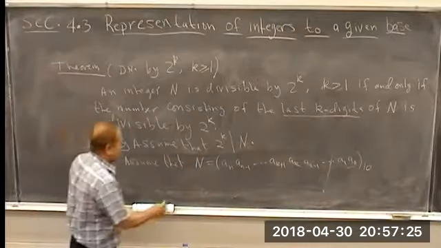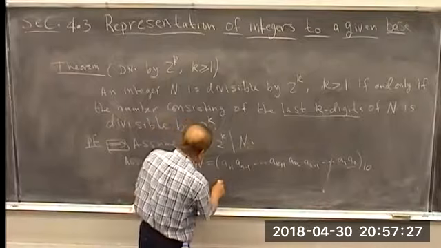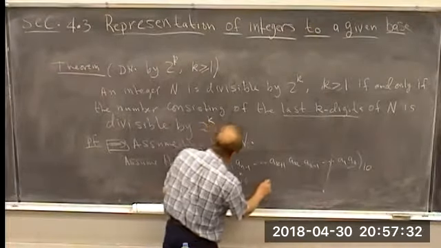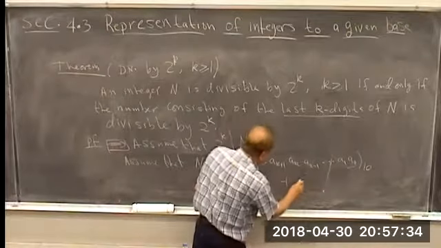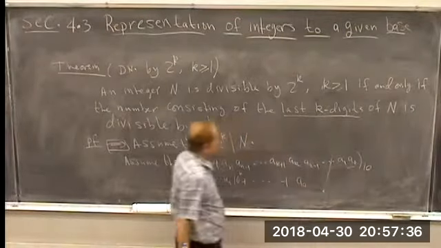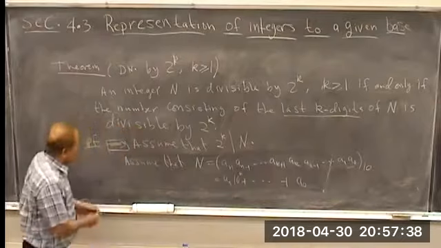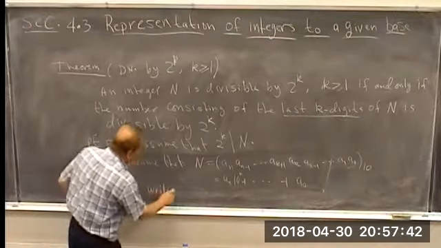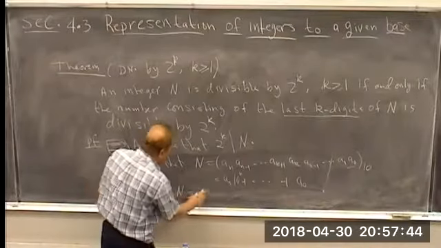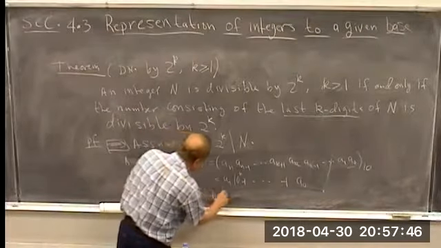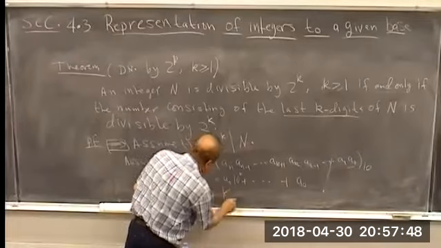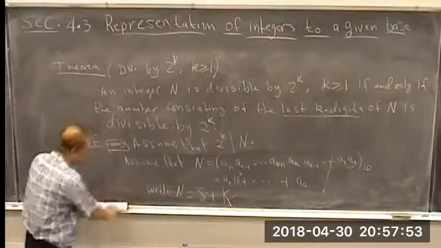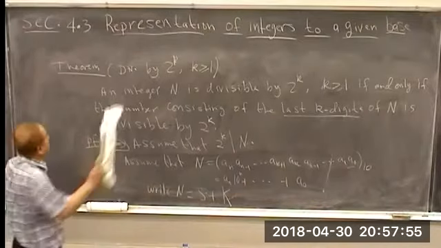Now remember that we could write this as a sub n times 10 to the n and so on, up to a sub 0. All right. Now we're going to write n as a sum of s plus capital K, where the s is going to be this number.